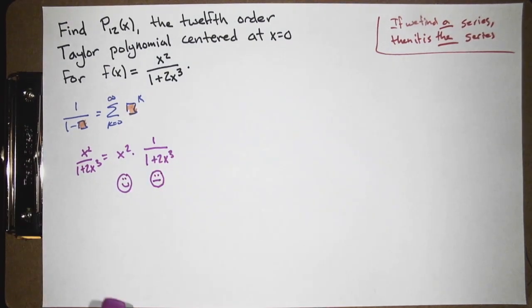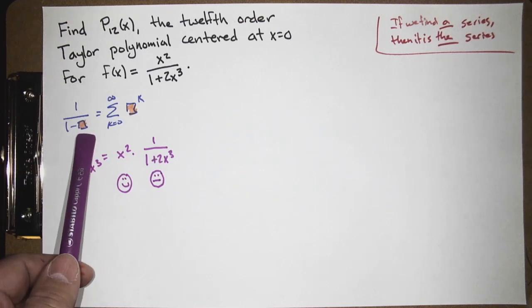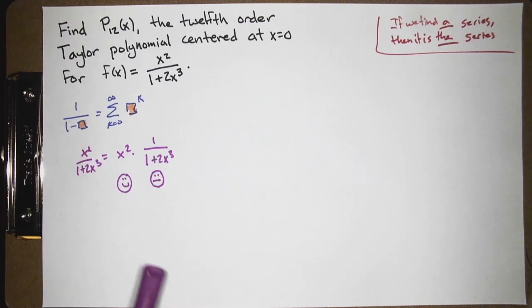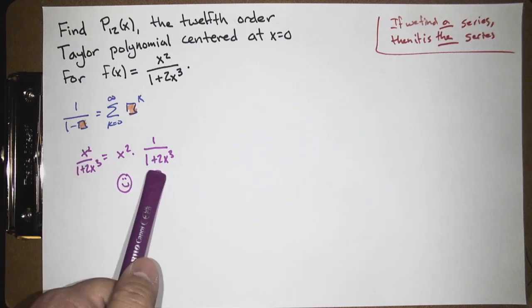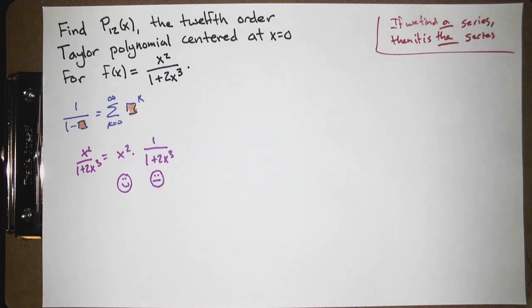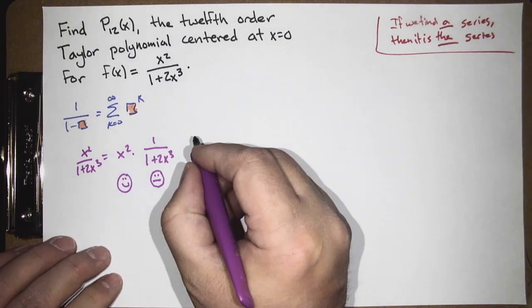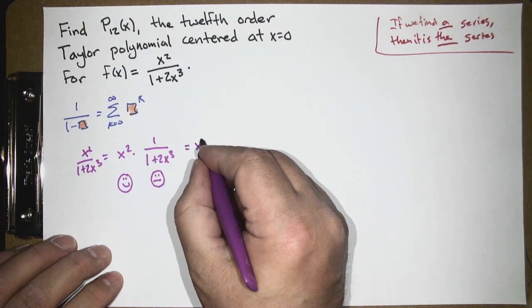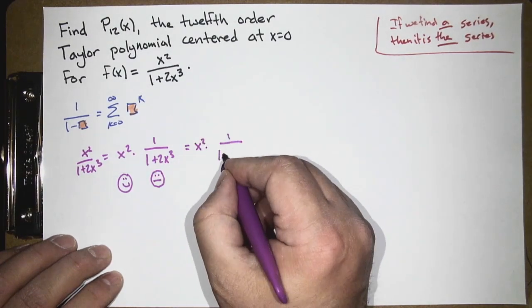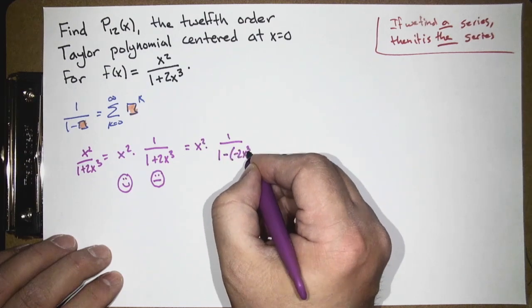Now, are we ready to say what's in the box? And if not, what do we need to do? Yeah, we need a minus. This is a plus. How do you turn a plus into a minus? Minus a negative. So this is 1 over 1 minus (negative 2x cubed).